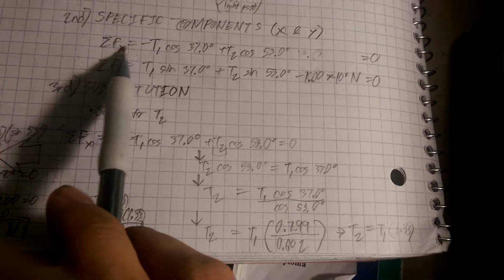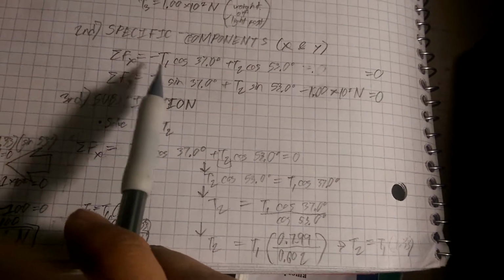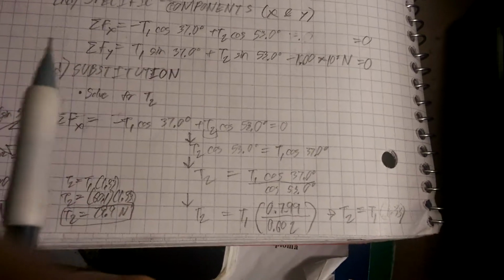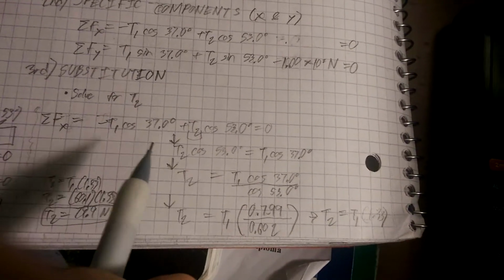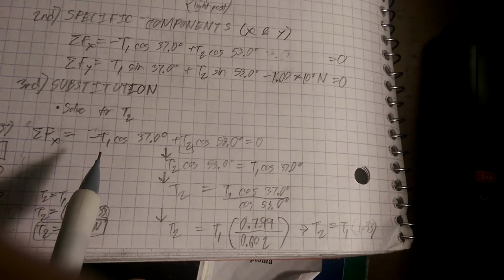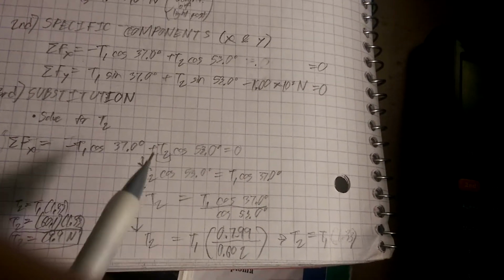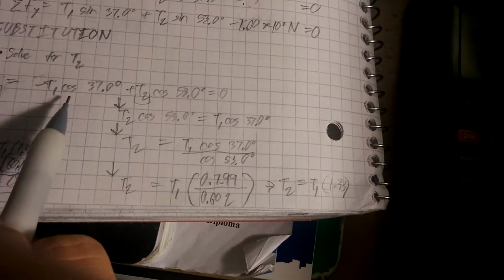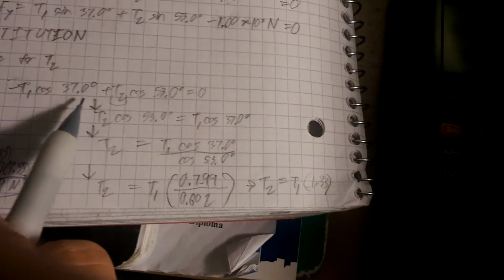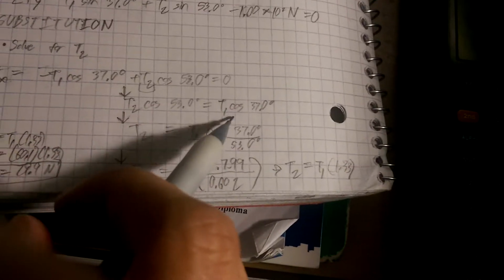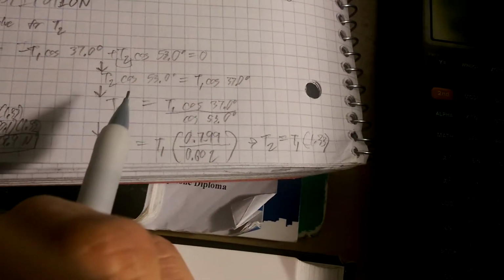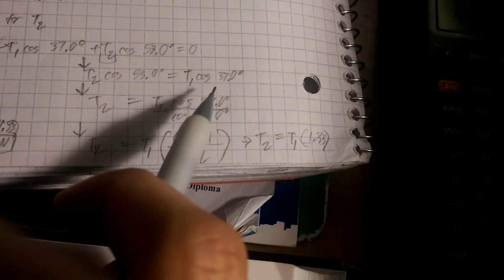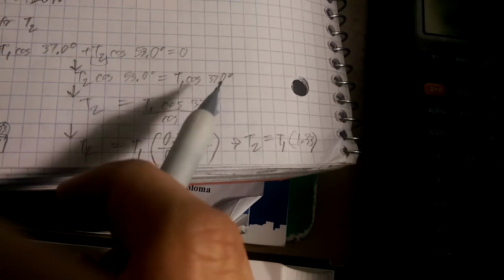In the x-axis equation, our first equation, I brought down the entire equation here, negative T1 times cosine theta, I added T1 times cosine of 37 degrees over to the right, and then I divided out cosine of 53 degrees from the left to the right.